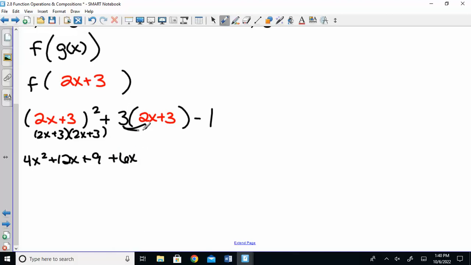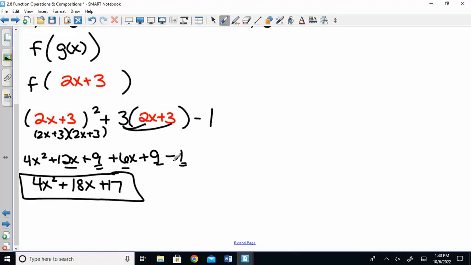This one we have to distribute the 3. So combine like terms and we get 4x squared plus 18x plus 17. That's my actual composition.